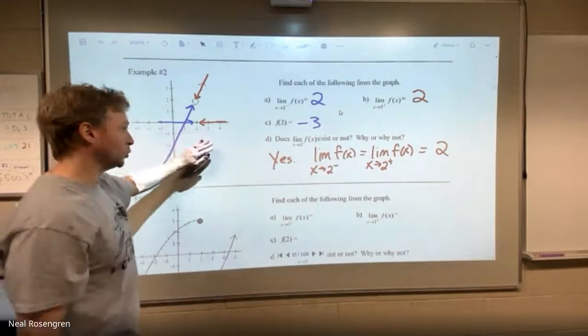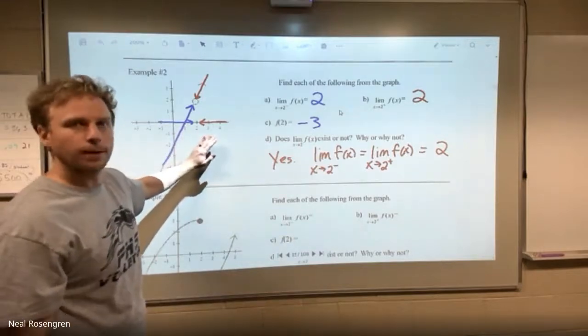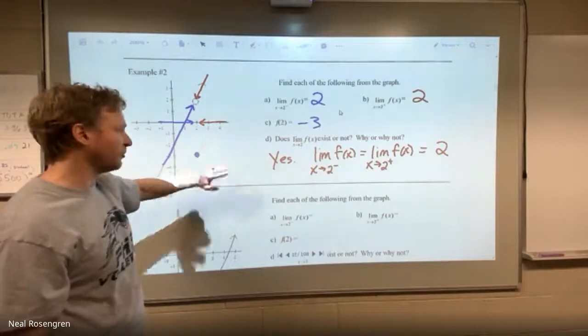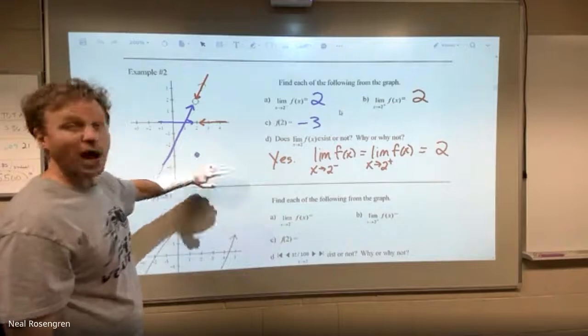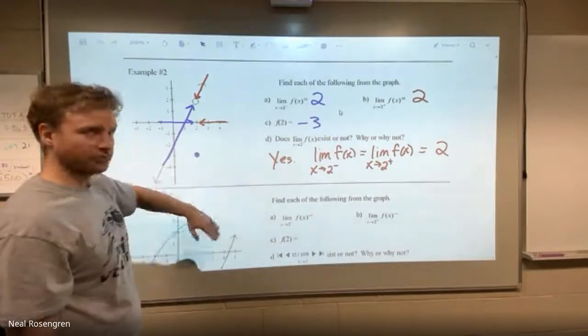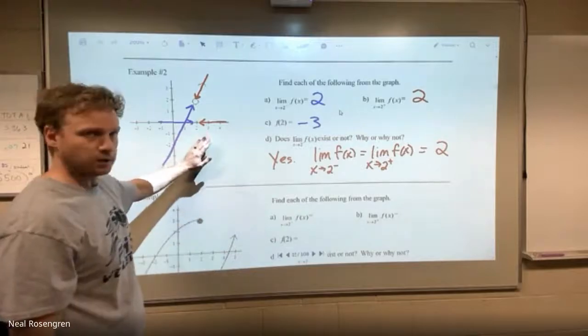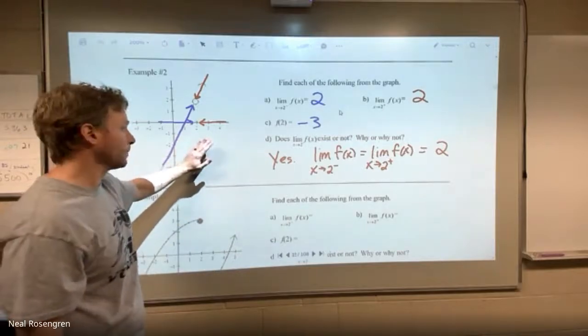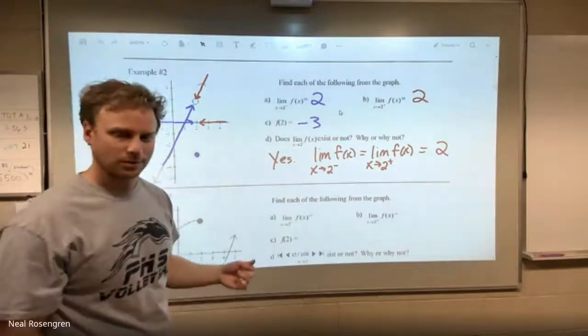F of 2, if I covered up that point, is undefined. So I can define the function by including a point there or not, right? Defined, -3. Undefined, just nothing. But nothing about the limit changes, okay?